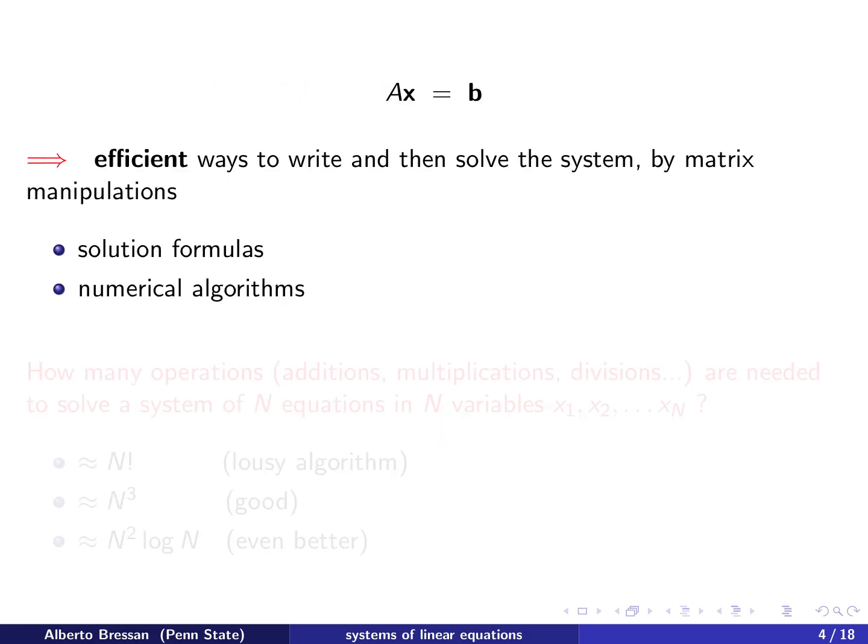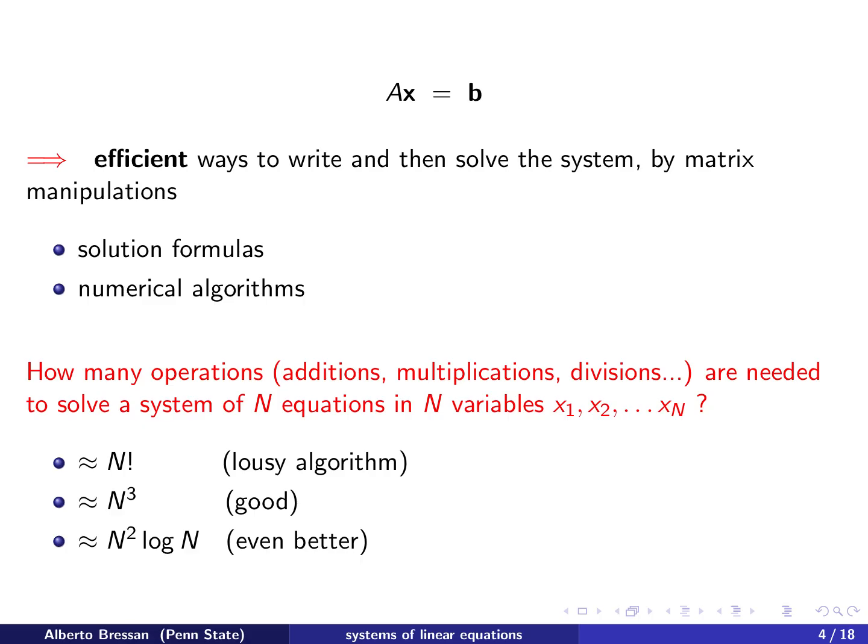The ultimate goal of this course is to show some efficient ways to write and then solve such a system by manipulations of the matrix A. We will eventually have solution formulas, and if this is a huge system, then the whole thing can be carried out by computer using numerical algorithms.